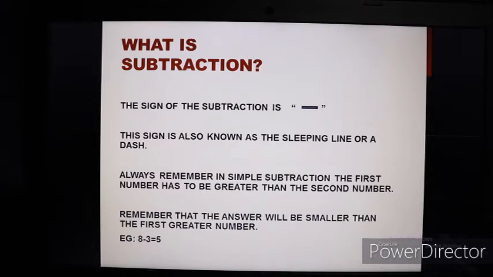The answer will be smaller than the first, greater number. For example, 8 minus 3 equals 5. 8 is the first number and the answer is 5, which is smaller than 8.